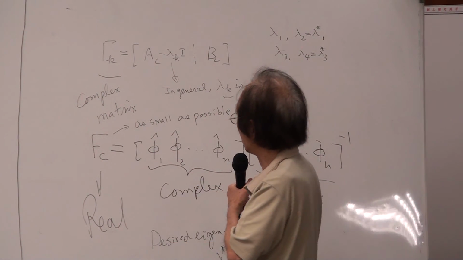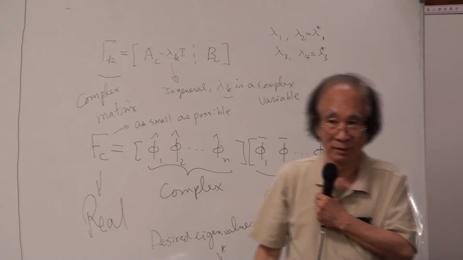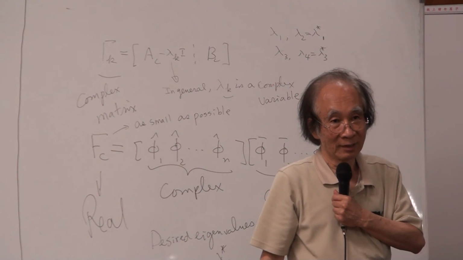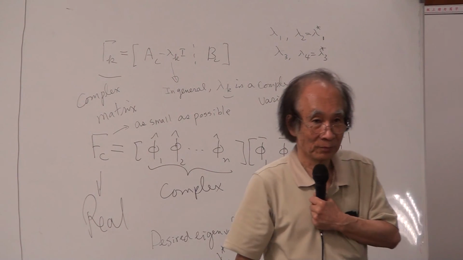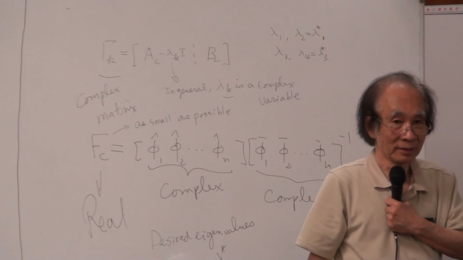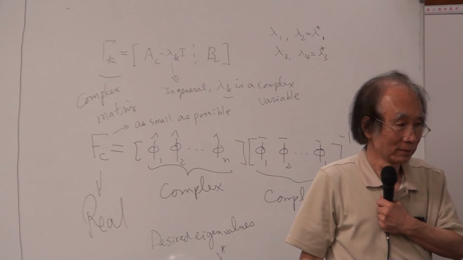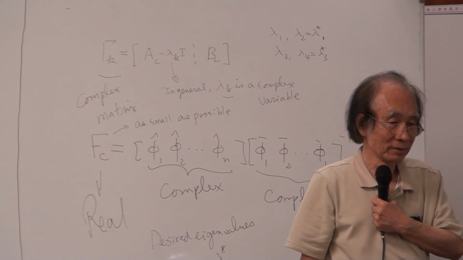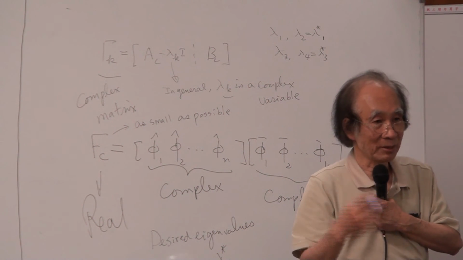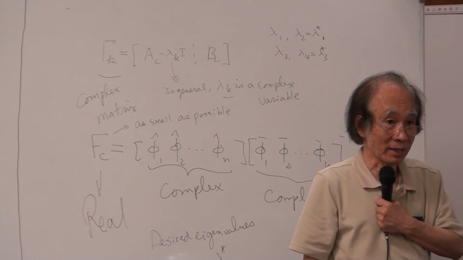What do we mean by a small matrix? If this is the matrix, what do we mean by small? Well, you can define it yourself. The norm is small, right? Or every element is small, depending on how you define it.